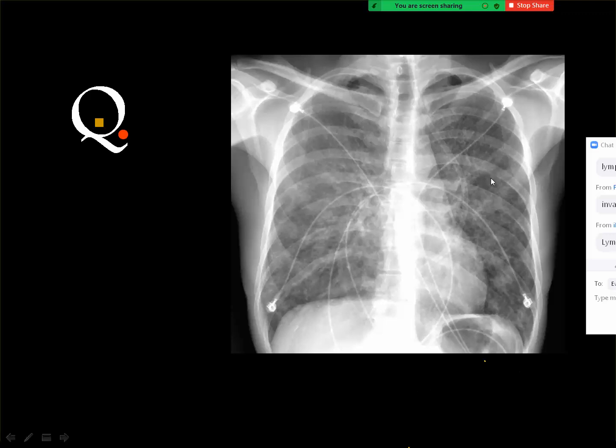Then you have to describe the appearance, and you suspect one of the diffuse patterns of lung disease. Yes, the diaphragm is flattened somewhat, but you got diffuse abnormality in the lung.